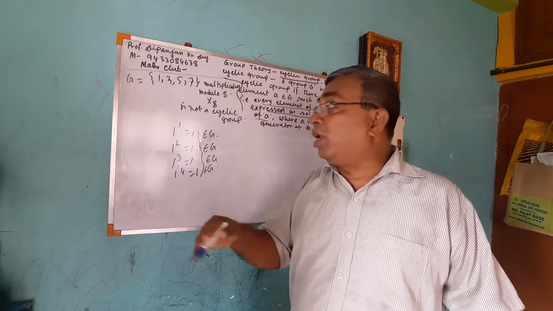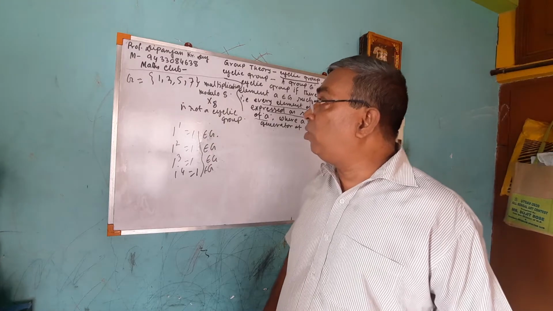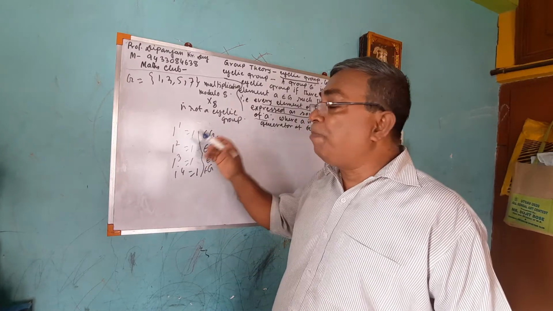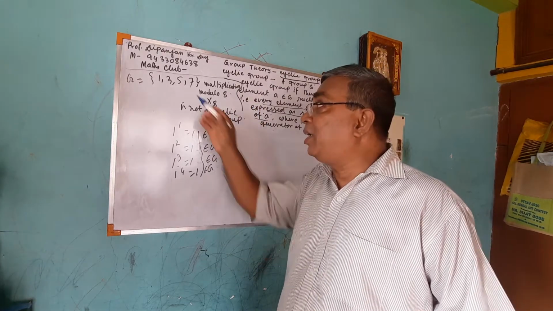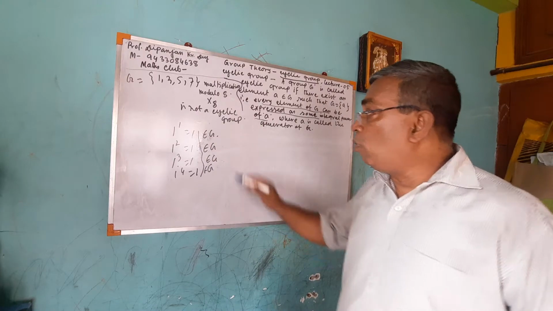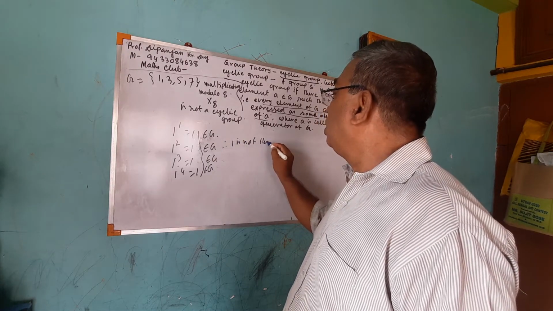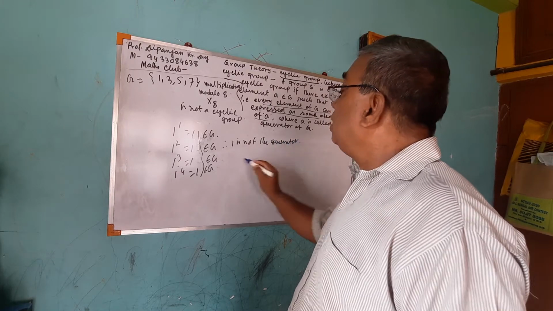We are getting only one. We are not getting 3, not getting 5, not getting 7. So if I increase the power of 1, only 1 we are getting, not 3, 5, 7. Therefore we can say 1 is not the generator.